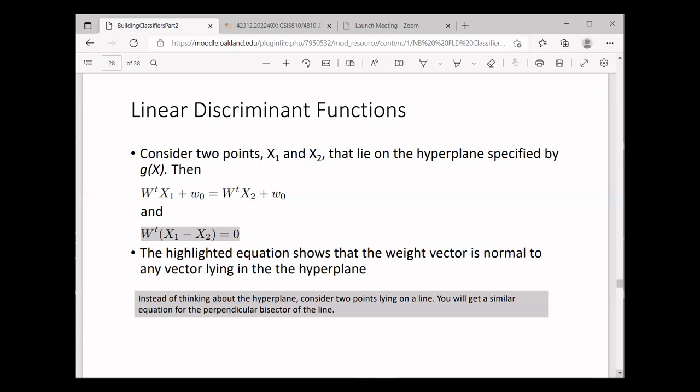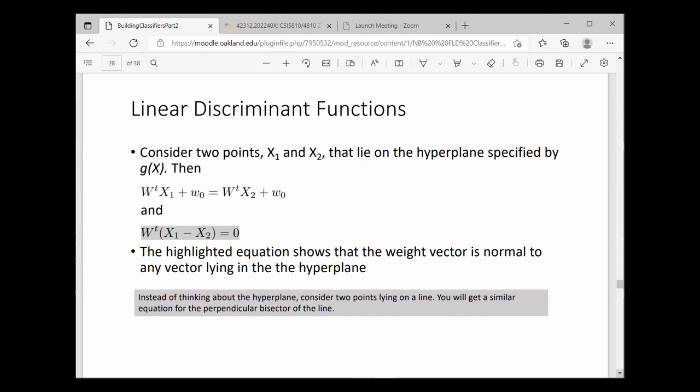With a little manipulation, you end up with W transpose times (x1 minus x2) equal to 0. So what this equation tells you is that the weight vector we are looking for is normal to any vector lying in the hyperplane. As I said, instead of a hyperplane, you can think of lines in 2 dimensions.